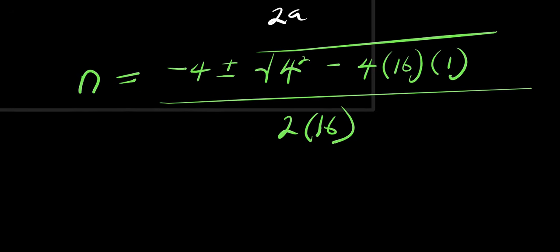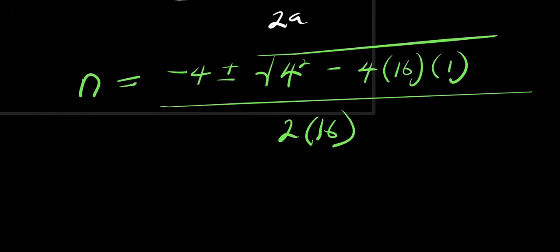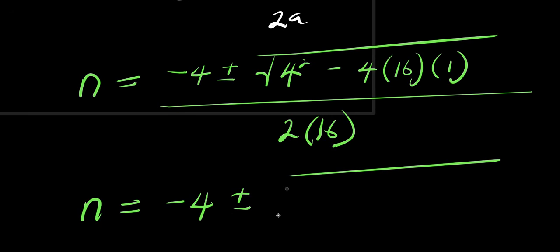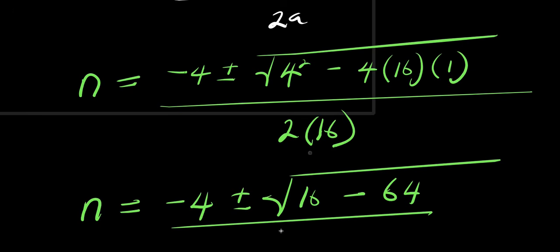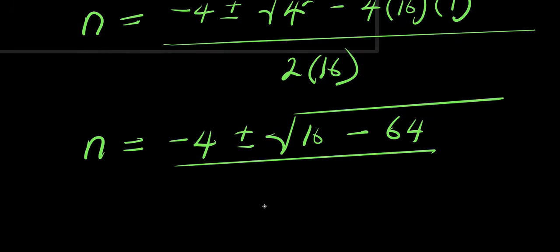So from here, I will simply have n equals negative 4 plus or minus square root of 4 squared is 16 minus 4 times 16, that is 64, divided by 2 times 16, 32.